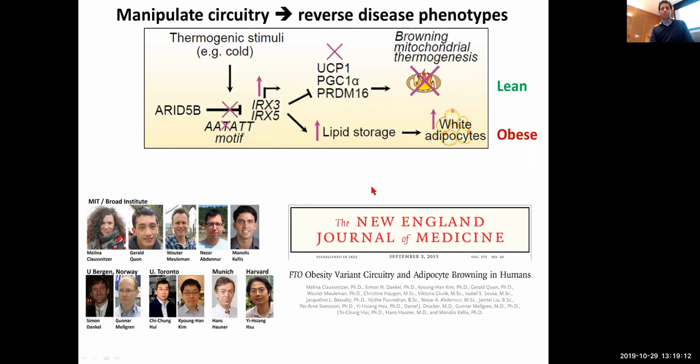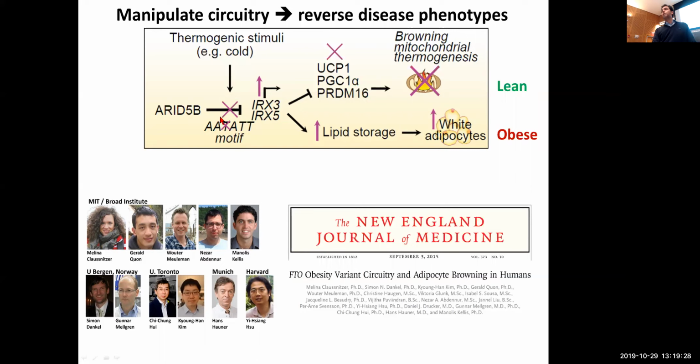And I mentioned briefly this paper, which I like to joke about, is a paper about 1 bit of information in the human genome about this single nucleotide variant, this T2C variant that disrupts an AT-rich motif, resulting in loss of binding of ARID5B, which is normally a repressor.